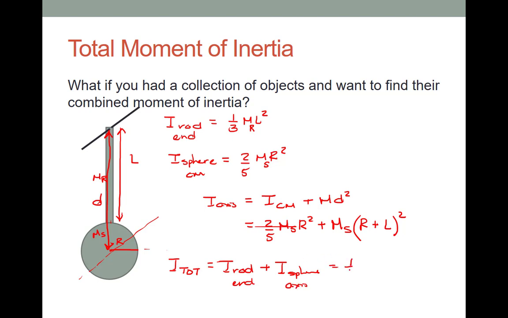That works out to be 1/3 times the mass of the rod times the length of the rod squared, plus 2/5 times the mass of the sphere times the radius of the sphere squared, plus the mass of the sphere times the quantity radius of the sphere plus the length, squared. As I said, in the next part we're going to do a bunch of examples calculating numerous moments of inertia from the table that was provided in this unit.